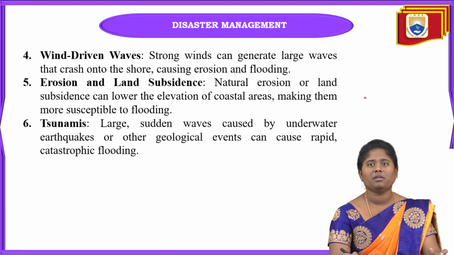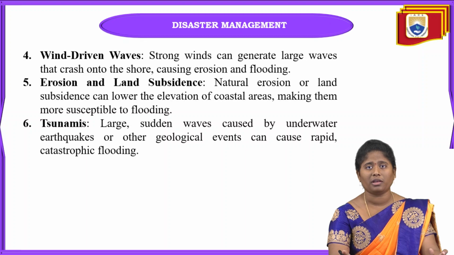For these tsunamis, there will be very big and sudden waves that happen under the water. Under the water, earthquakes are going to happen at that time. Because of this underwater earthquake, tsunamis can happen.